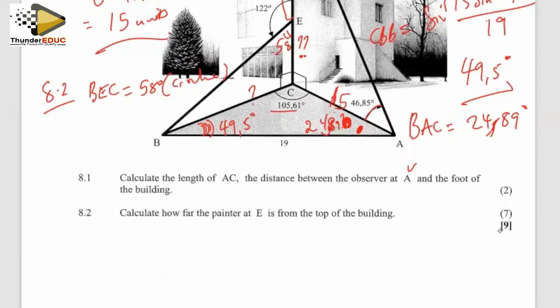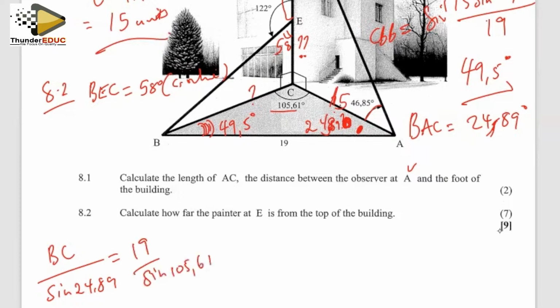So BC over the sine of 24,89 should give me the AB. Let me substitute this way: AB, which is 19, over the sine of 105,61. So BC over the sine of BAC is equal to AB over the sine of BCA. That's the sine rule.